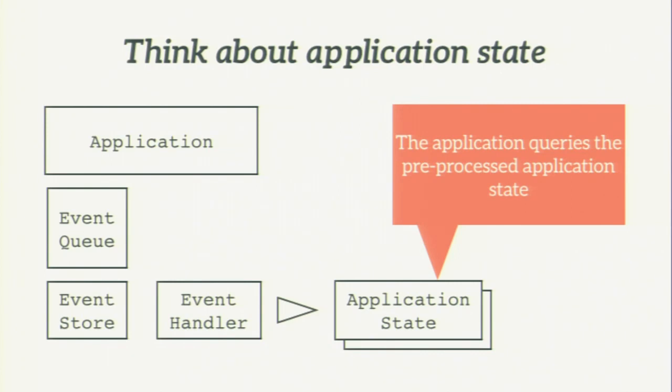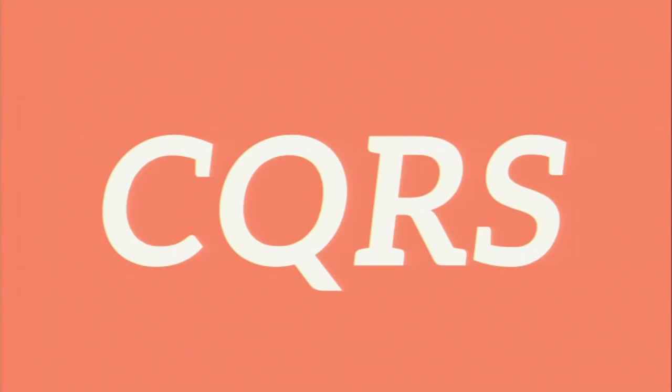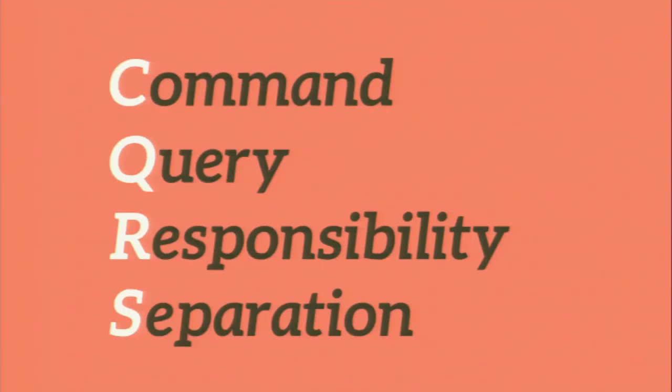And a way to deal with these things, to create this pre-processed application state, is the CQRS pattern. CQRS stands for Command Query Responsibility Separation. What does this mean? Here, we're now talking about taking a closer look at the read and the write characteristics of our application.